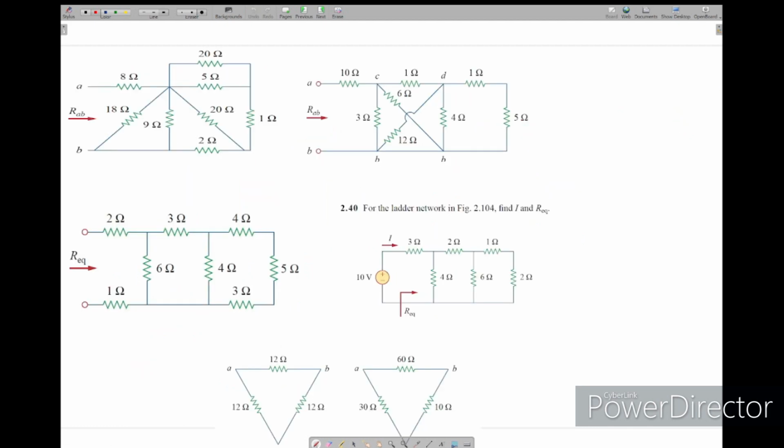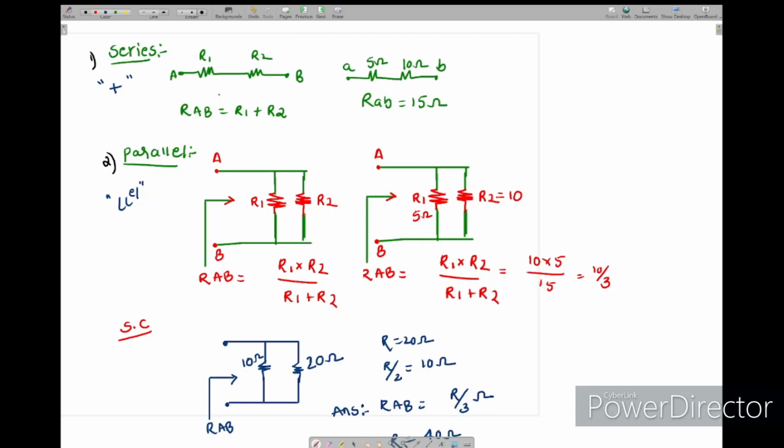Next we'll see equivalent resistances. In this manner, the one end of one resistor is connected to the other end of another resistor and so on. In this fashion, if we connect, this is one resistor, one more resistor will connect like this and so on.